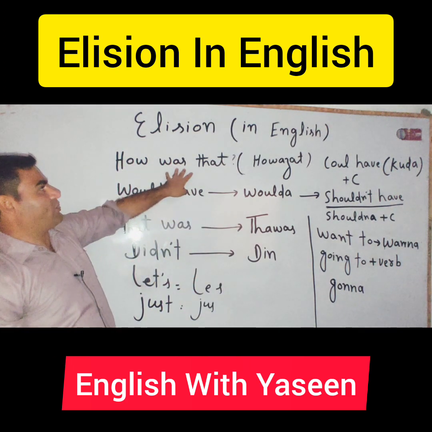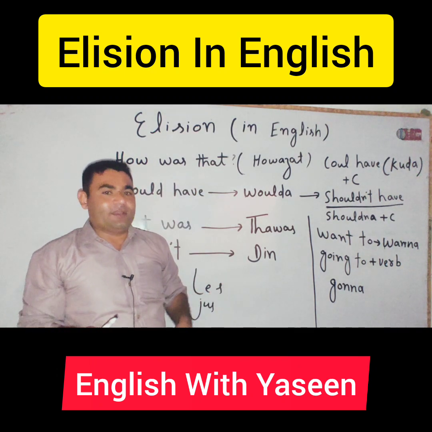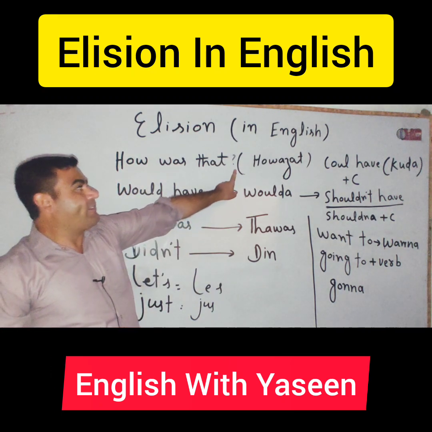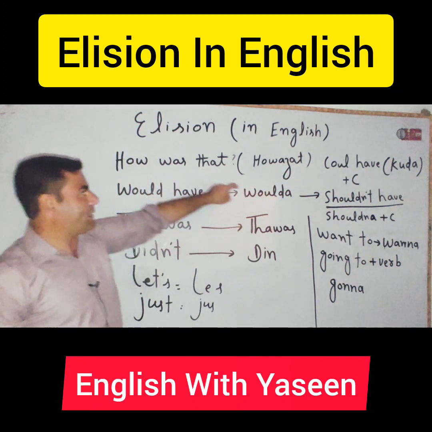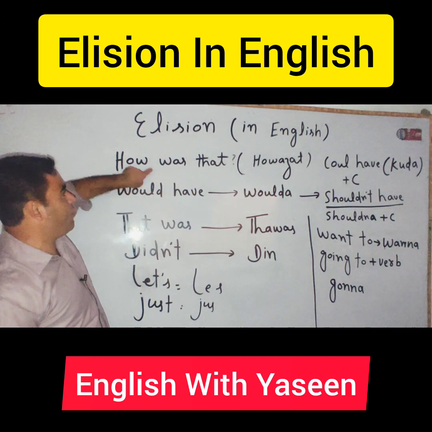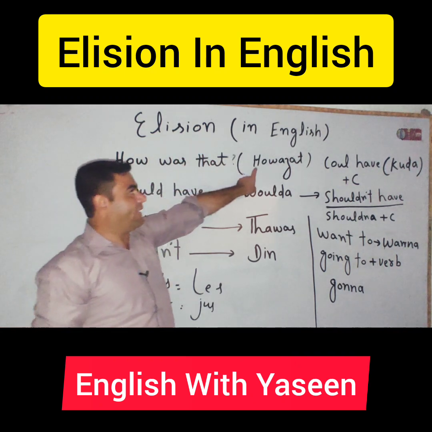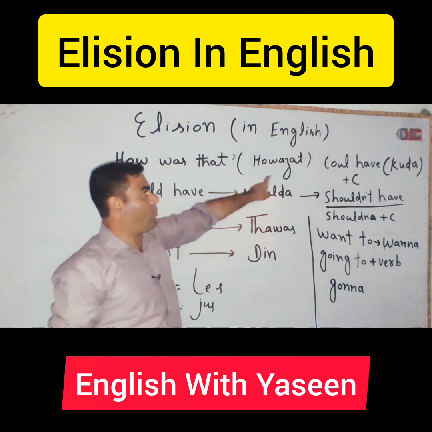So in sentences also, I hope you watch cricket, and most people watch cricket. When they appeal, they say "how was that?" Basically, they say "how was that?" Actually, they mean this, but because of elision, this sentence is converted into "howzat?"